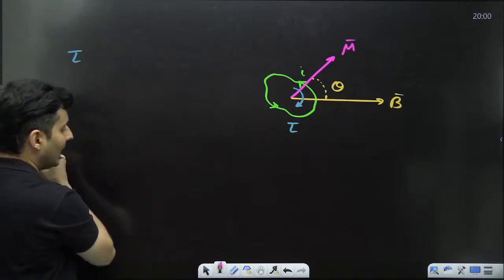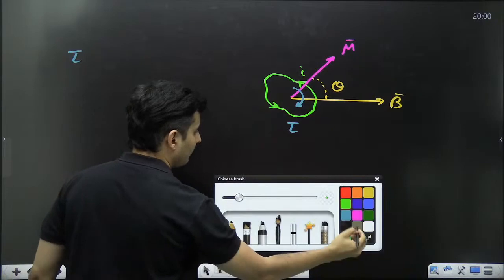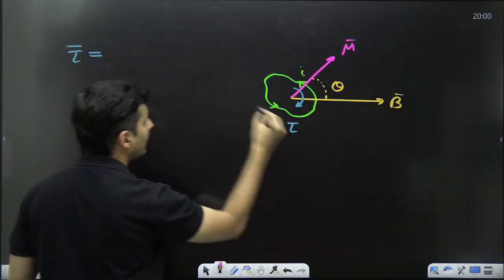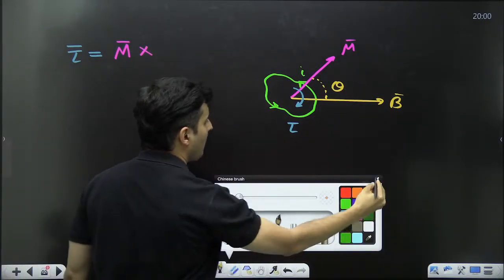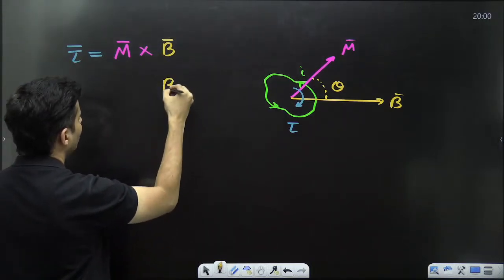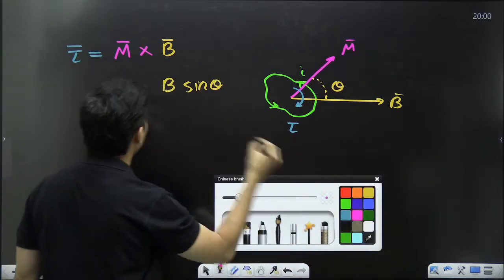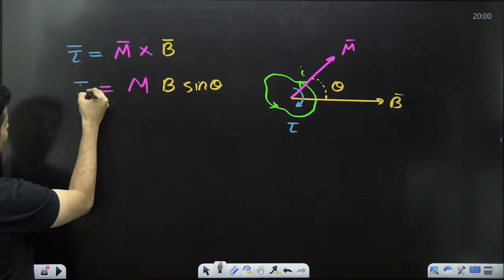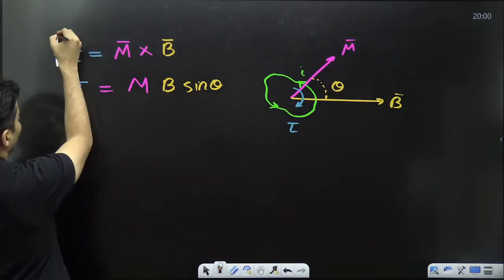So the torque will become the magnetic moment cross the magnetic field. Magnitude wise, you put M, B and sine theta. So this is the formula for torque, my dear warriors, on a loop.